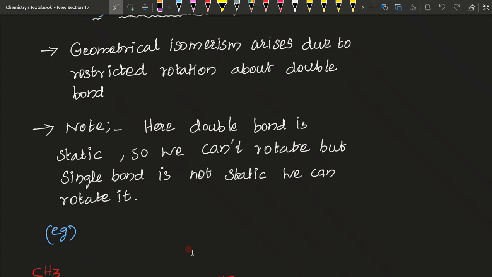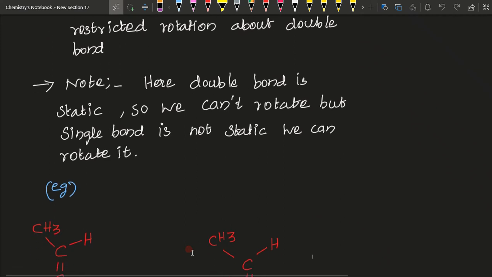We can rotate a single bond, but a double bond we can't rotate because it is static.